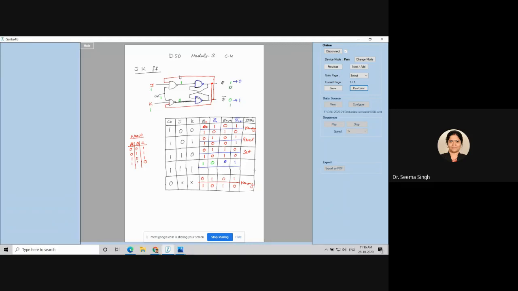So now again, when your Q bar is 1, with this Q bar equal to 1, this feedback goes, all the three inputs become 1, 1 and 1. So your output will become 0 this time for this one. And for the down NAND gate, this is getting feedback from Q, which is a 0 now. So 1, 1 and 0 will make your NAND gate output to be 1 here.